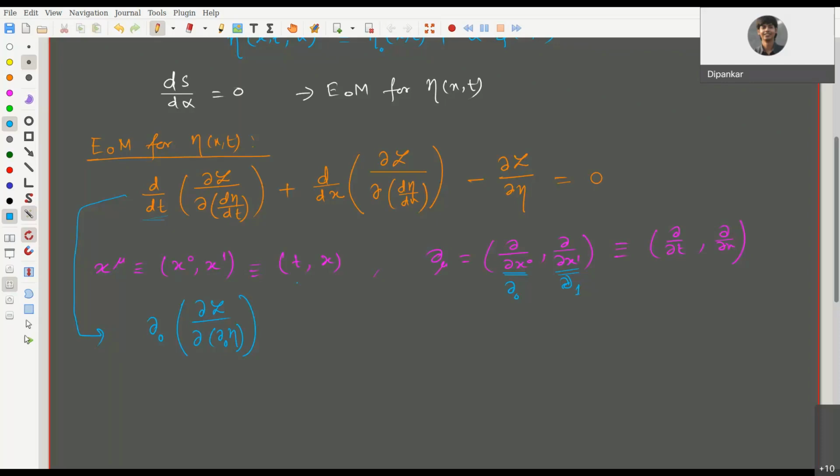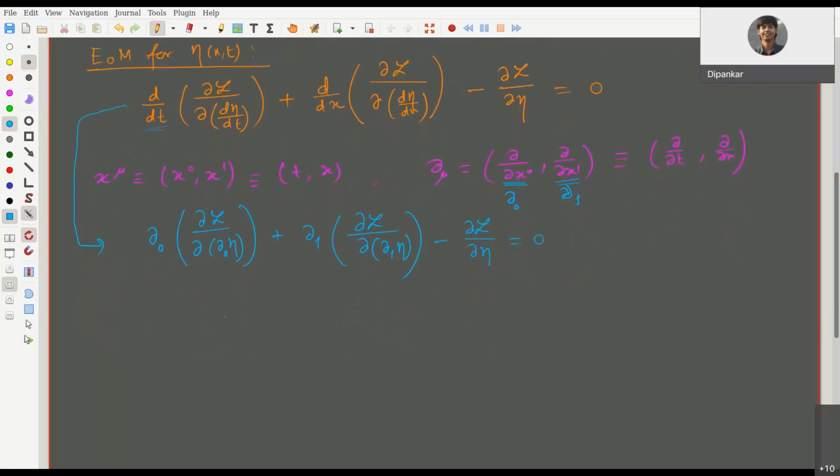And the next one would be del 1 of del L over del of del 1 eta, minus del L over del eta, that should be equal to 0.